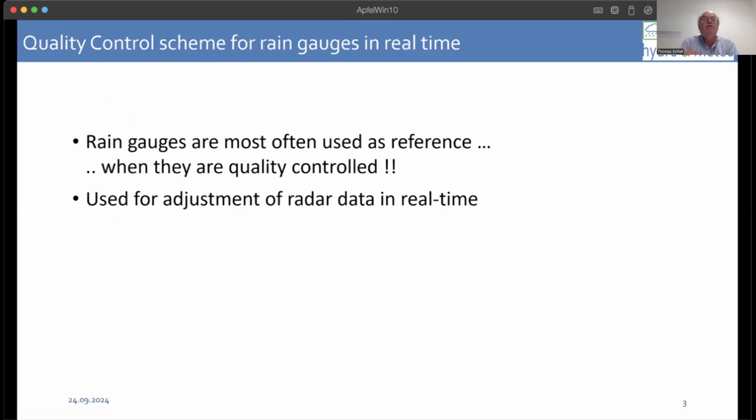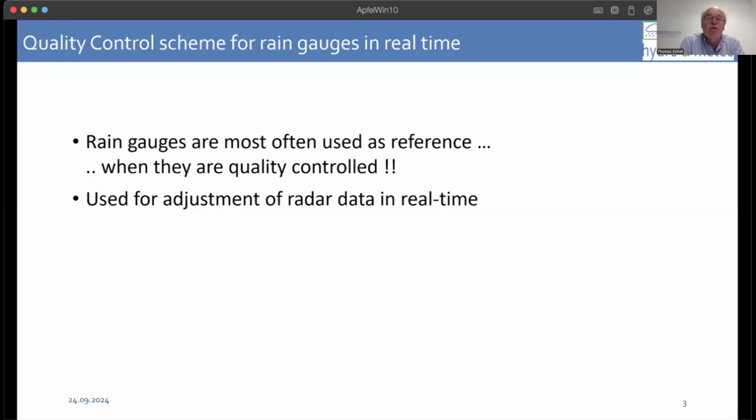I will not go very much further into quality control for rain gauges in real time here, because I would then shift over to sensors that we have been using. However, rain gauges are most often used as reference, and they should only be used as reference when they are quality controlled.